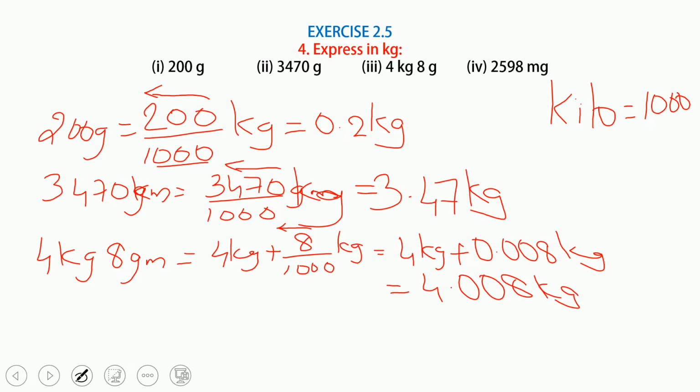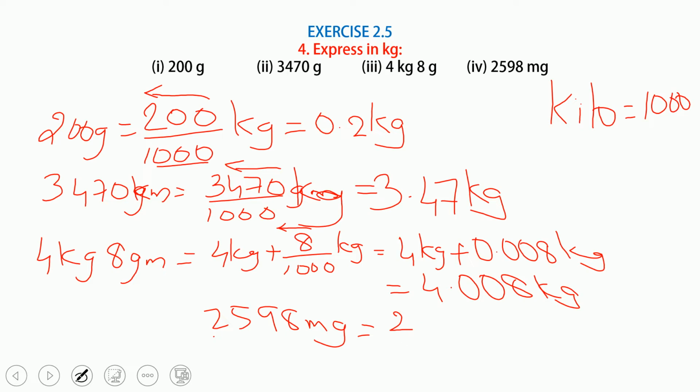Understand? Now the next one is simple, that is the fourth one. It is 2598 mg. Now it is milligram, so first we have to convert it into gram.